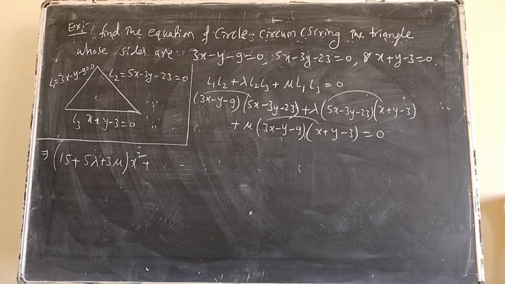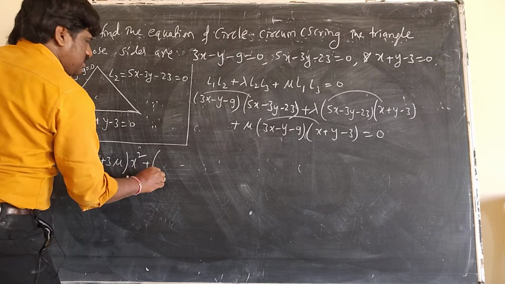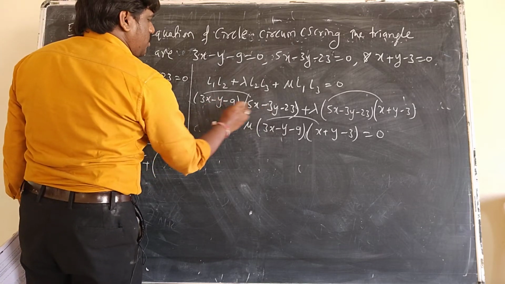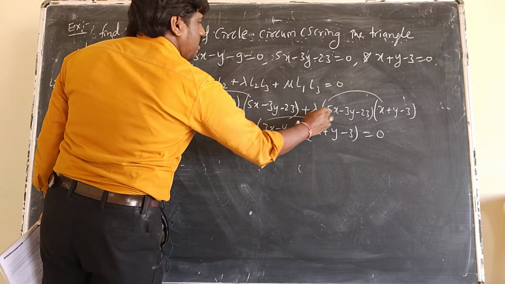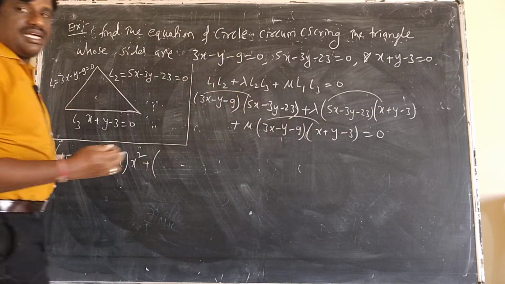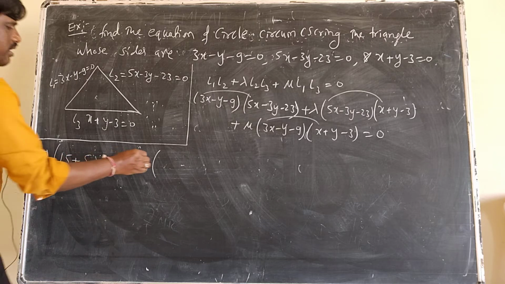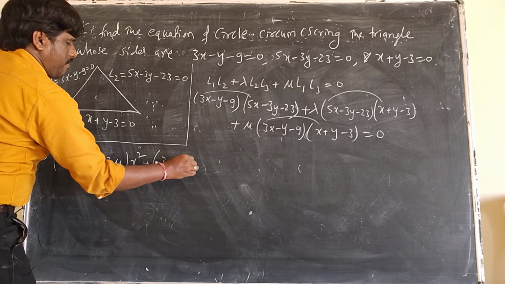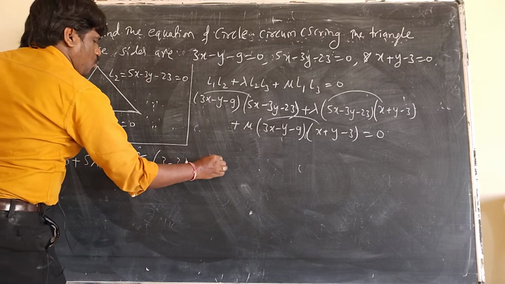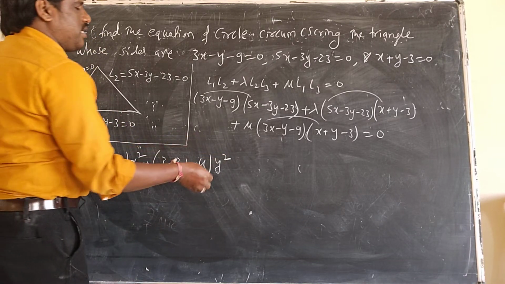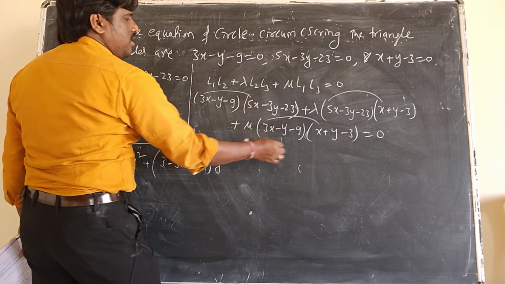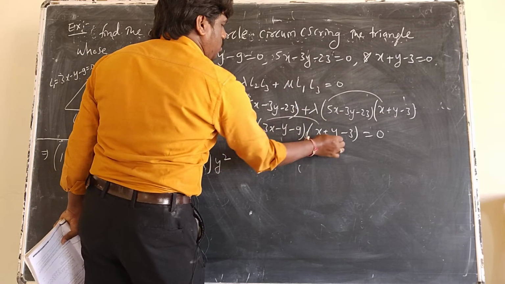Okay, don't do the whole calculation, that takes a lot of time. Thereafter you write the y square terms: this y into this y, and so on. What I am going to get is 3 minus 3 lambda minus mu into y square. You get this from y into this one, and this y into this one, and this y into y.